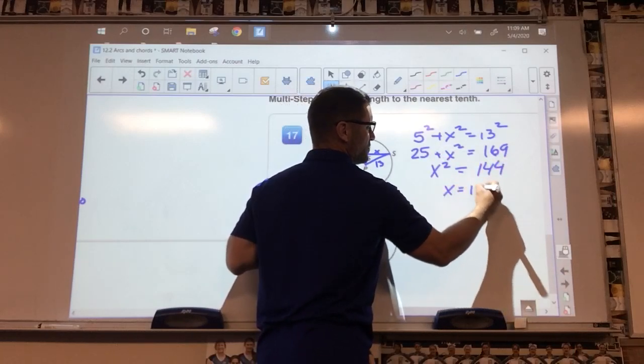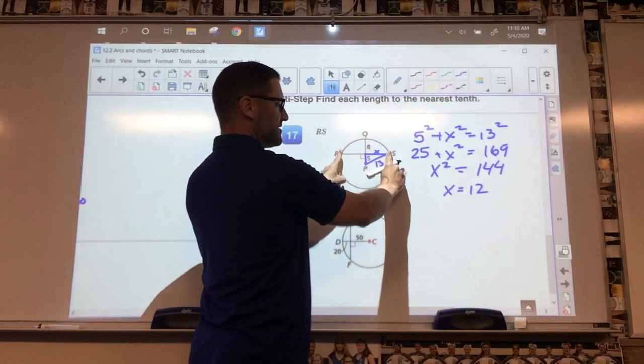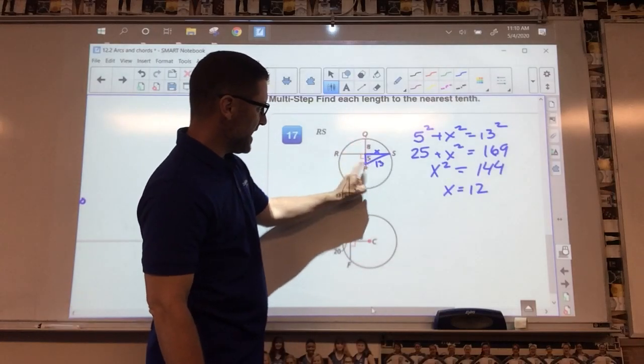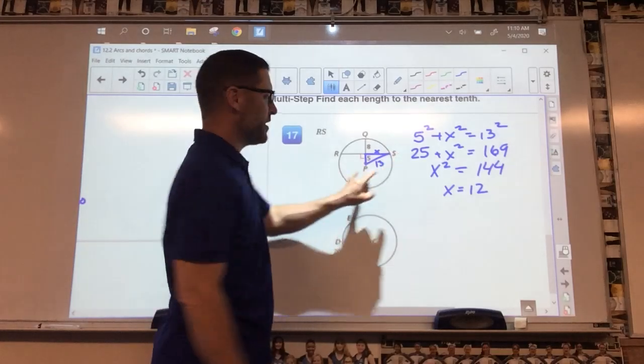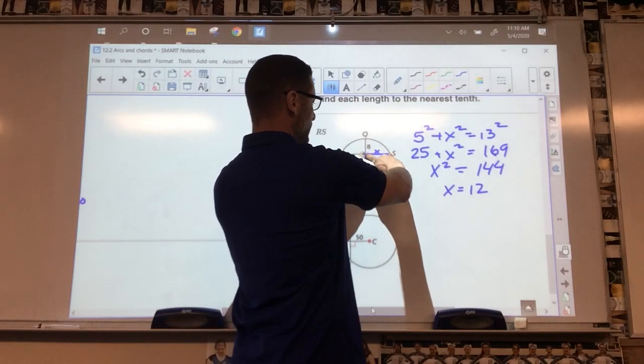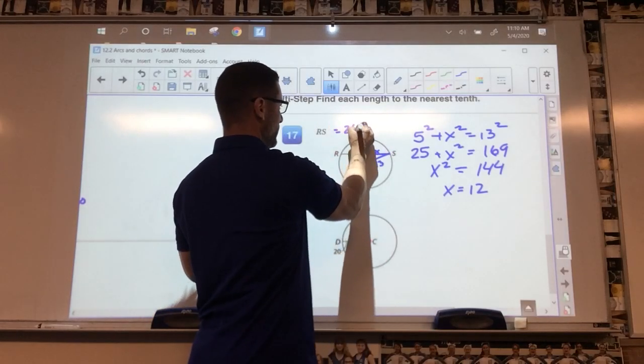My x value is 12. Okay? It wants R to S. The rule was if I have a radius or a diameter that's perpendicular to a chord, it cuts the chord into two equal halves. So if that's 12, then that's 24. Okay, 24 right there.